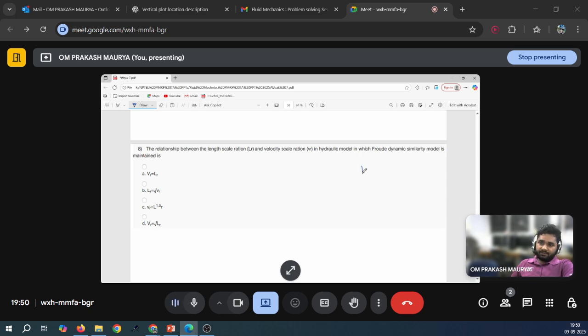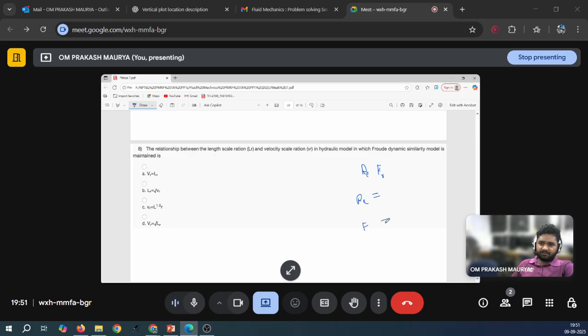you have two numbers. Generally in fluid mechanics, in civil engineering, we use these two here: Reynolds number and Froude number. So what is the Froude number?